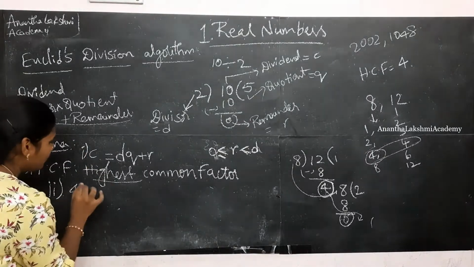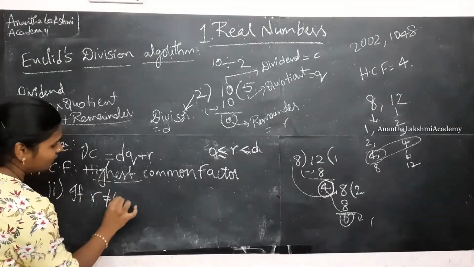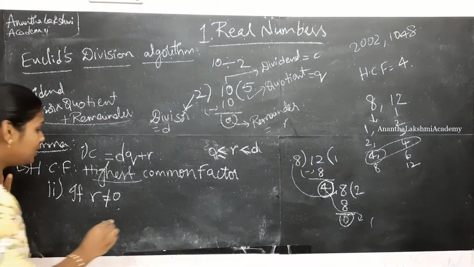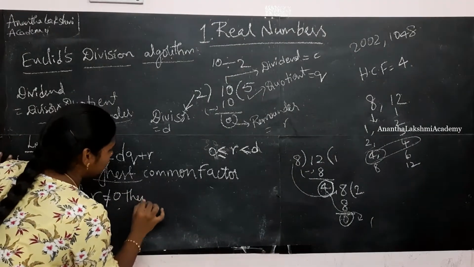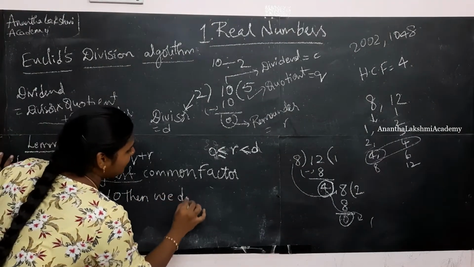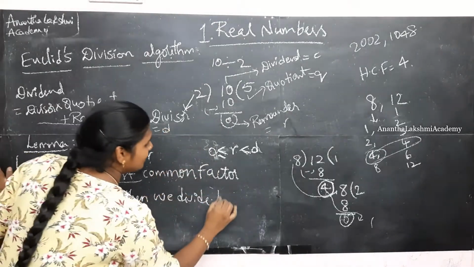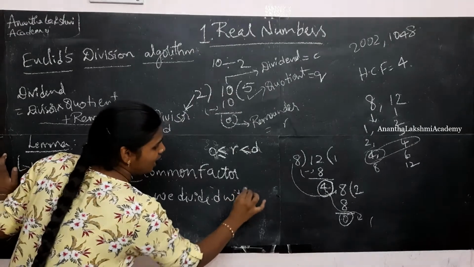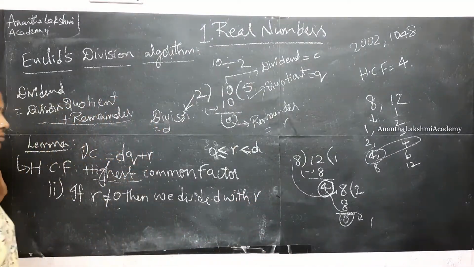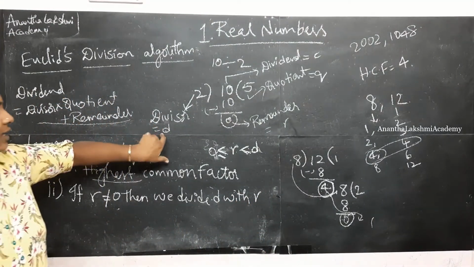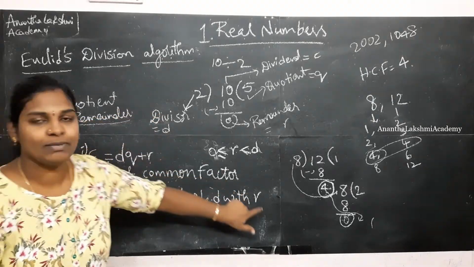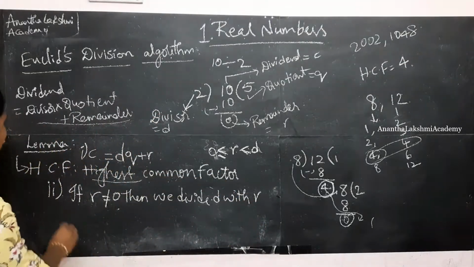If the remainder is not equal to 0, then what are we going to do? Then we divide d with r. We divide the divisor with remainder. Okay. What is step 3?